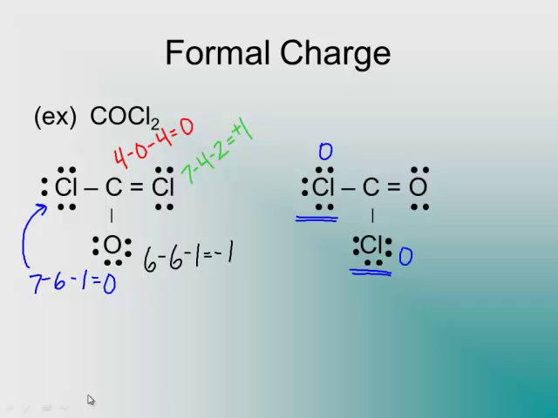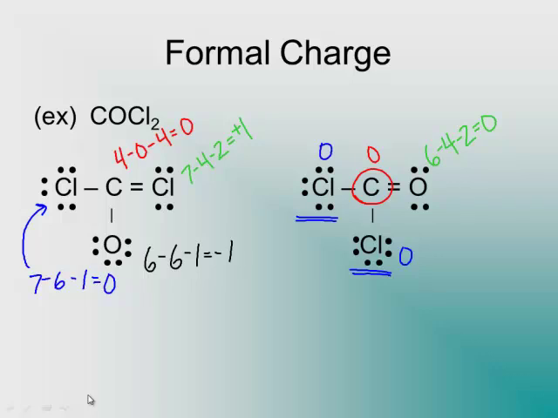In the same way, carbon here is bonded just like carbon was in the previous Lewis structure, so it has a formal charge of 0. For oxygen in this Lewis structure, we would do 6 valence electrons minus 4 non-bonding electrons minus 2 bonds for a formal charge, again, of 0.